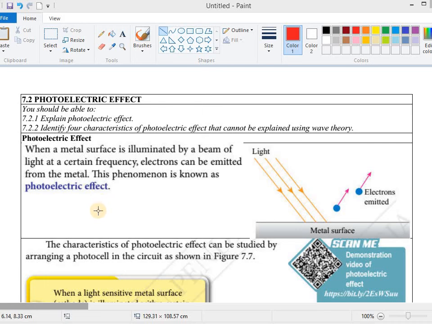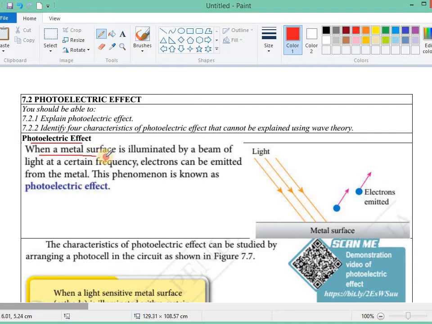Okay, 7.2 photoelectric effect. So what is the photoelectric effect? When a metal surface is illuminated by a beam of light at a certain frequency, electrons can be emitted from the metal.